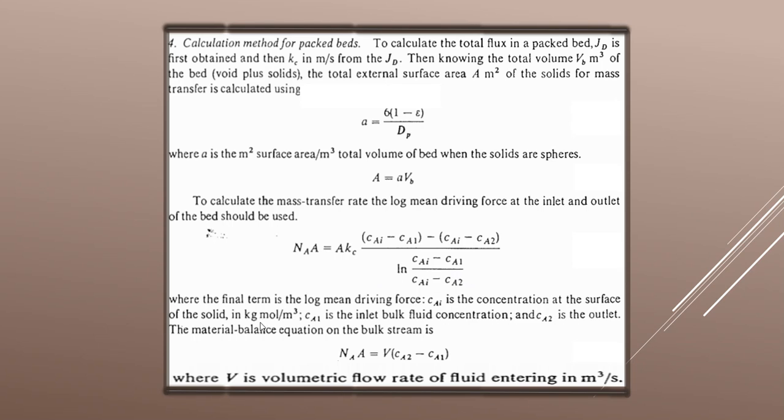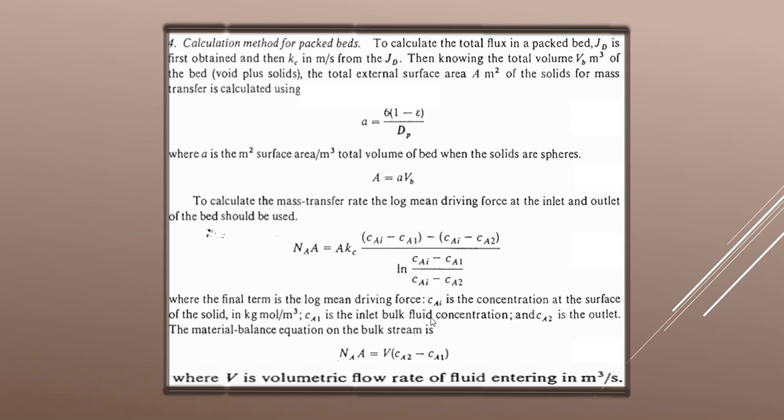And we are to determine the K sub C in this case from this expression. So we equate the N sub A, the entire expression here, to this one. That way, the only thing unique in the two expressions, because they have the same left side, is the convective mass transfer coefficient.